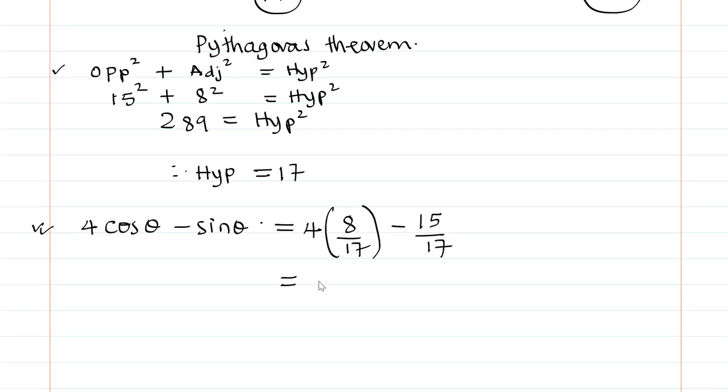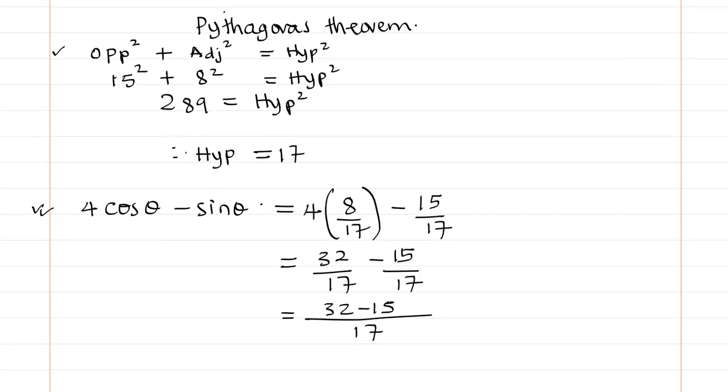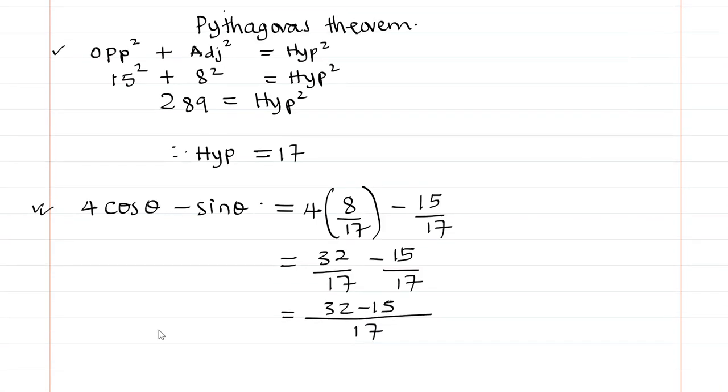What is 4 times 8? We shall have here 32 out of 17 minus 15 out of 17. Then we solve. They have the same denominator, so we subtract the numerators. So here we shall have 17, and here we shall have 32 minus 15. Then you press your calculator. 32 minus 15 is 17.